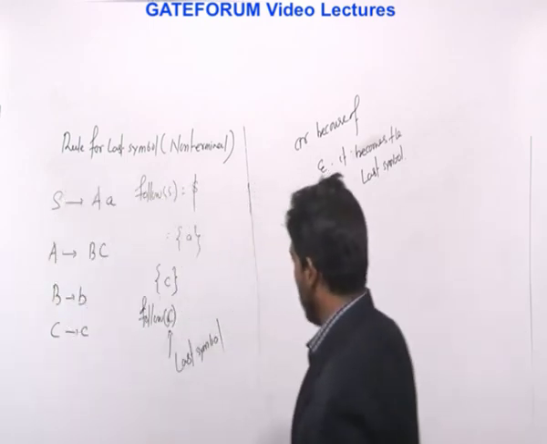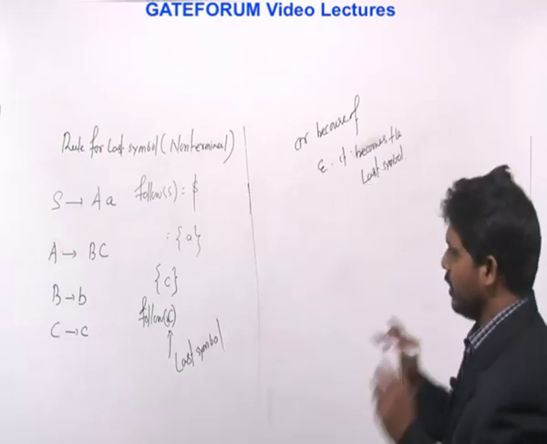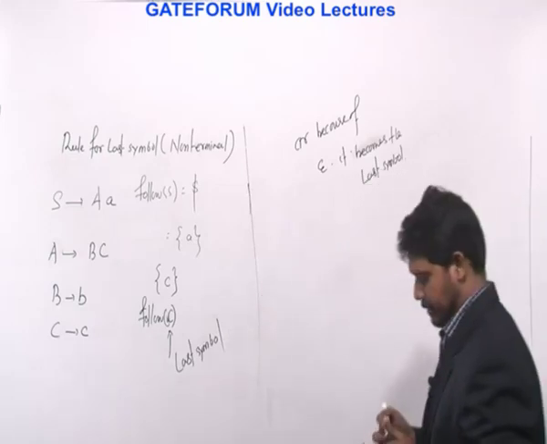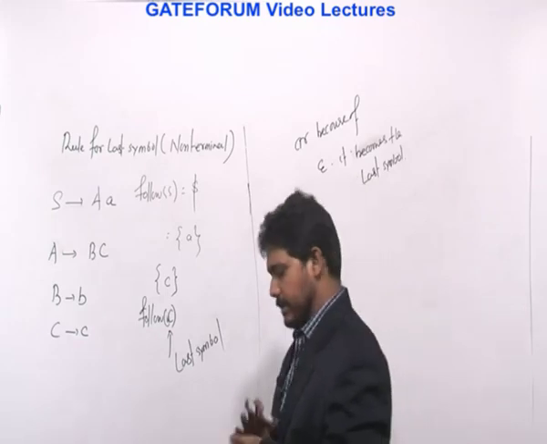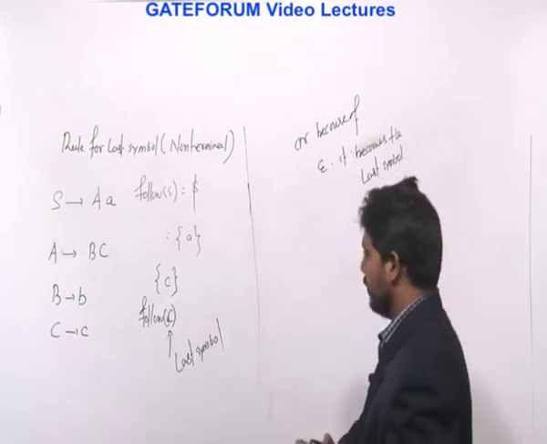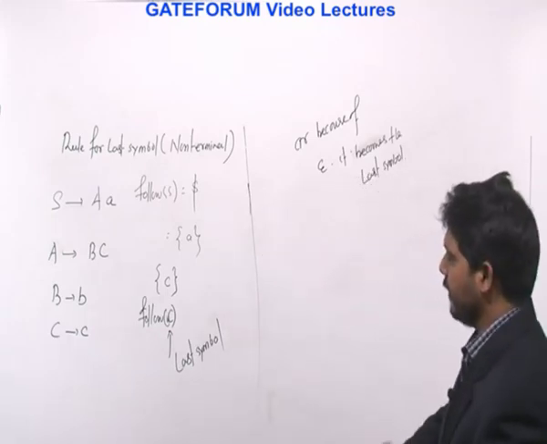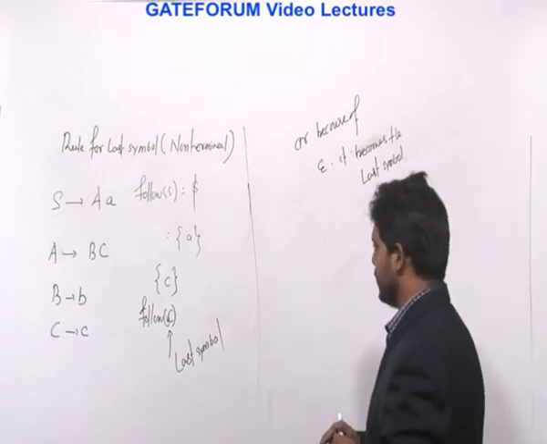So now what is the situation? This is the rule, follow of C. C is the last symbol, and every time you are calculating the last symbol rule, this will be applicable. Now look at this parse tree.